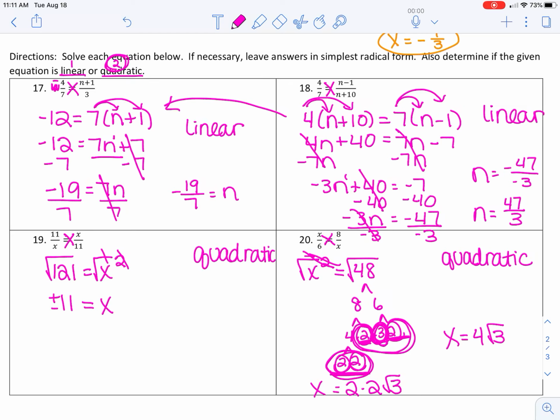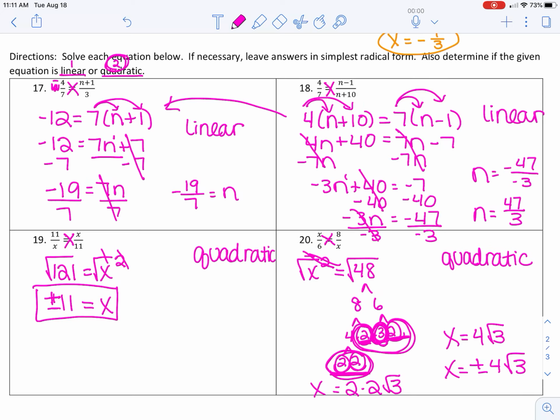But that's only half my answer. I'm not 100% done. Okay, the reasoning is over here on number 19, we talked about the plus or minus sign. You must have that whenever you're taking the square roots. So our answer is going to be x equals plus or minus 4 root 3.